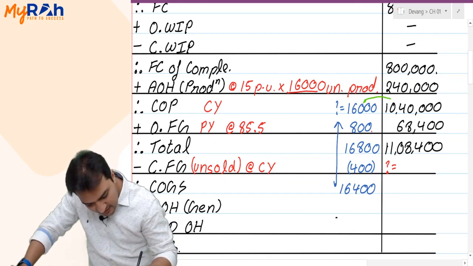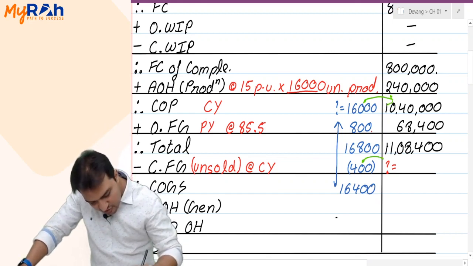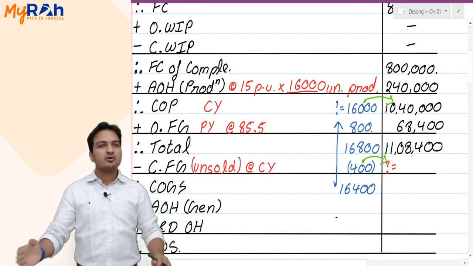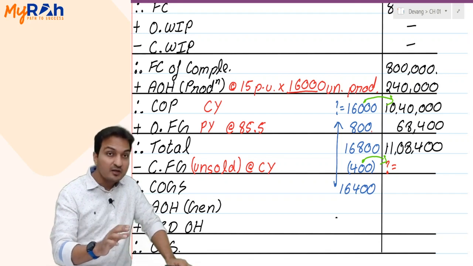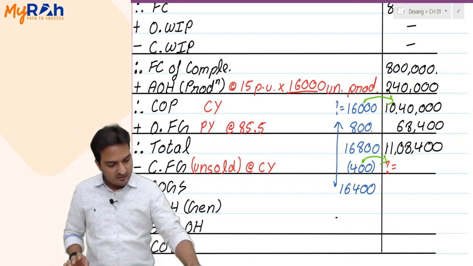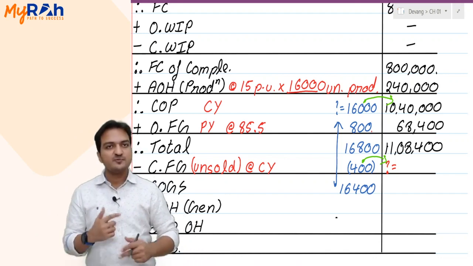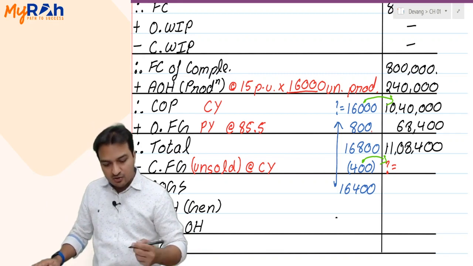If 16,000 units have a cost of 10,40,000, then 400 units here should have how much cost? A simple cross multiplication I do. 16,000 units has the cost of 1040, then 400 should have a cost of what? I will simply cross multiply. Let me also tell you that I don't trust you in calculations.